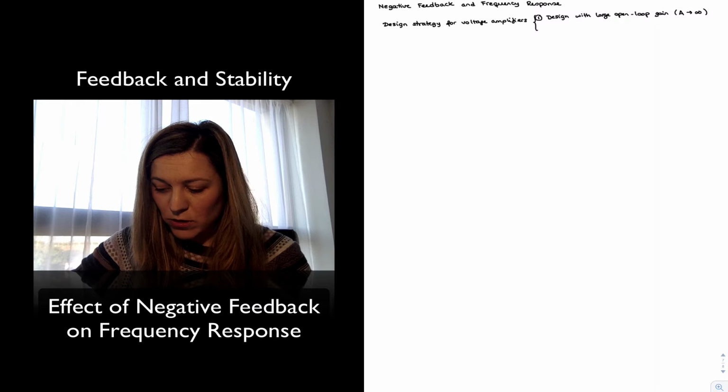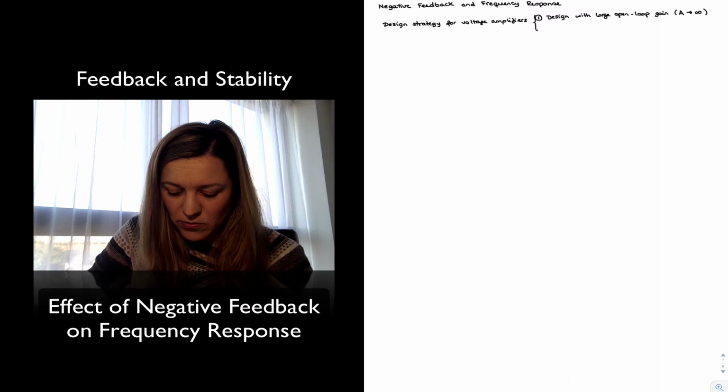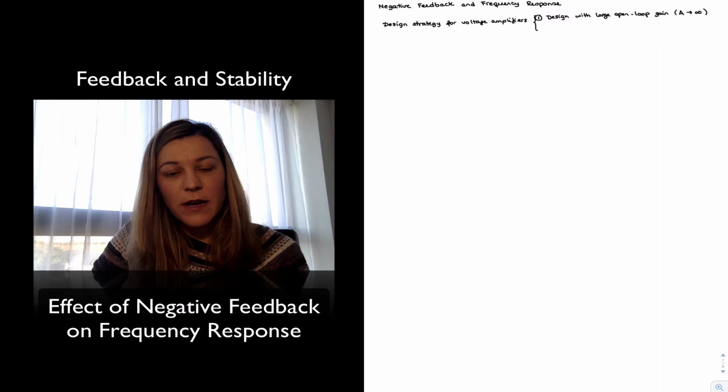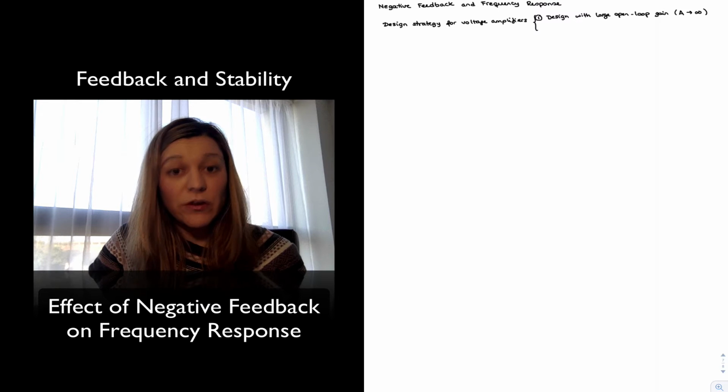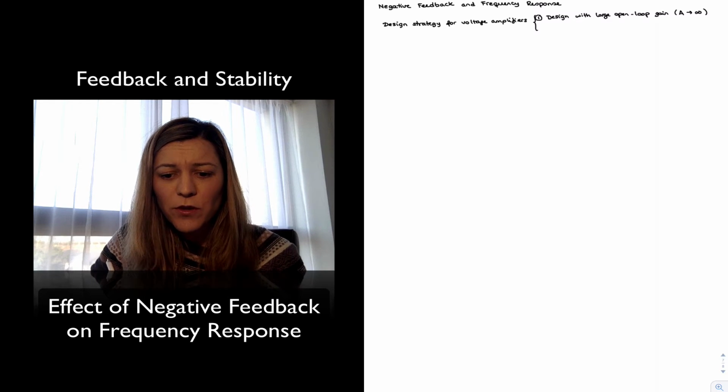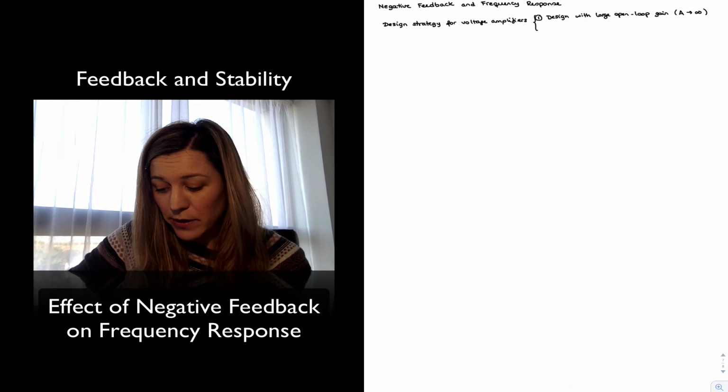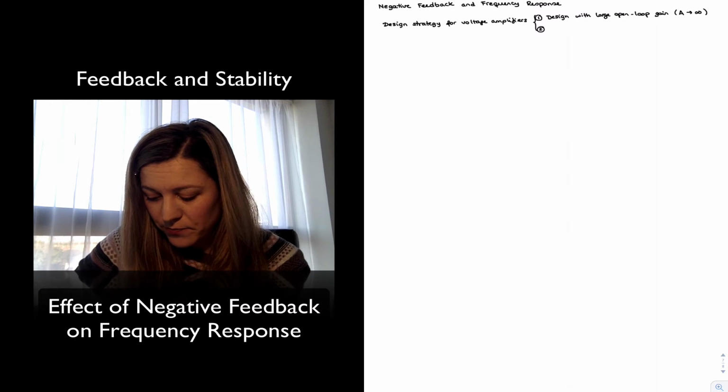And so we're going to design with large open loop gain, and that's basically for lower sensitivity to variations in process parameters, for increased linearity, lower sensitivity to noise, better input and output resistance. And then we're going to use negative feedback to stabilize the gain.